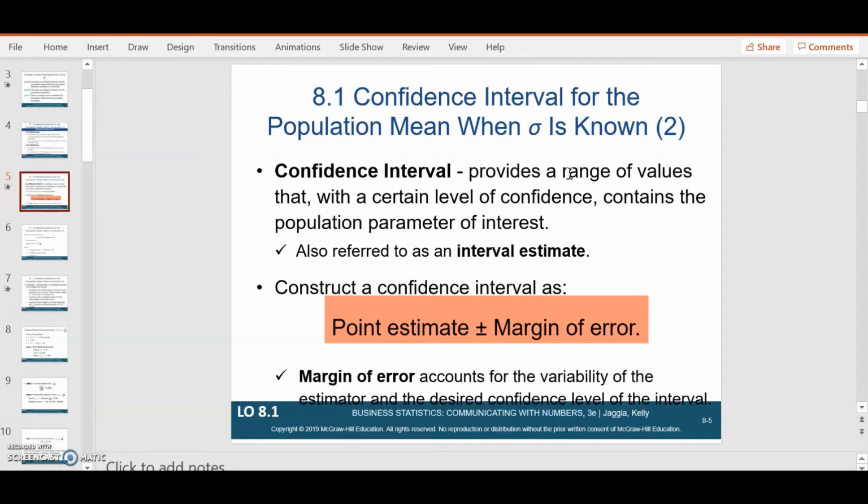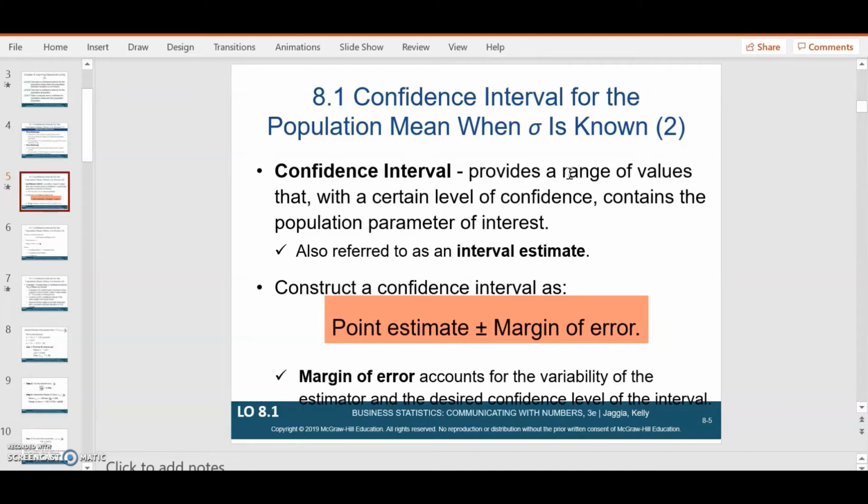And we believe that the actual population information is located within these two values, because it is almost impossible to obtain the actual information about the population, for example the population mean or population proportion, due to certain limitations, time limitation or financial limitation.